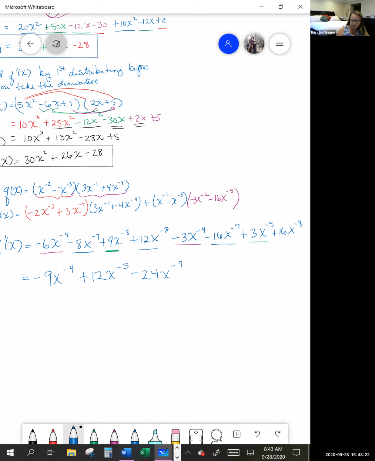And then 12x to the negative 8 plus 16x to the negative 8, that's plus 28x to the negative 8.